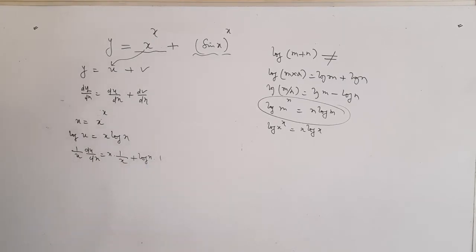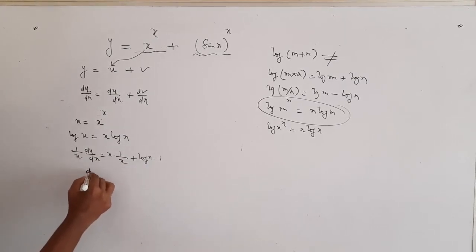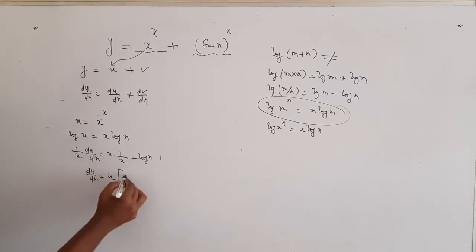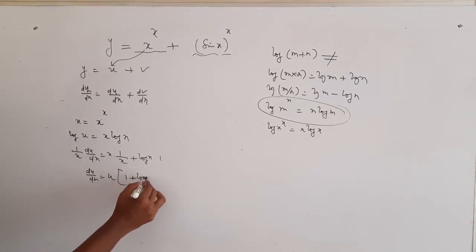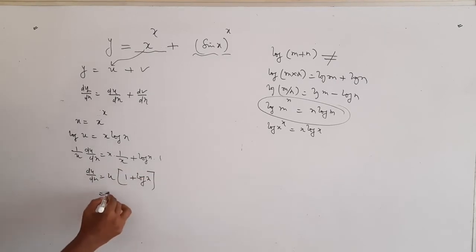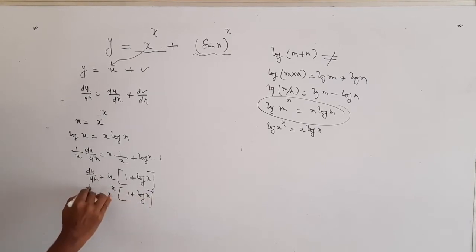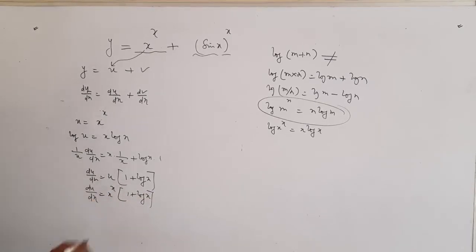So this cancels, you get du by dx, u comes here, x and x cancel, 1 plus log x. Now you can write it as x to the power x into 1 plus log x. This is my du over dx.